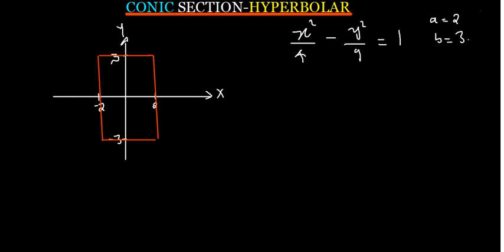Okay, something like that, though it might not be a very nice rectangle. And then I'm going to draw two diagonals which are passing over this rectangle. So one diagonal is going to come like this. It should pass through the center, the point 0, 0. And then another diagonal should go like this. It should also pass through the center, the point 0, 0.